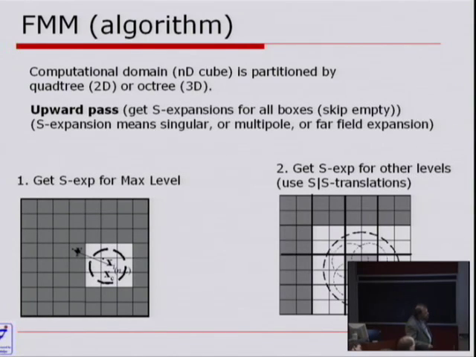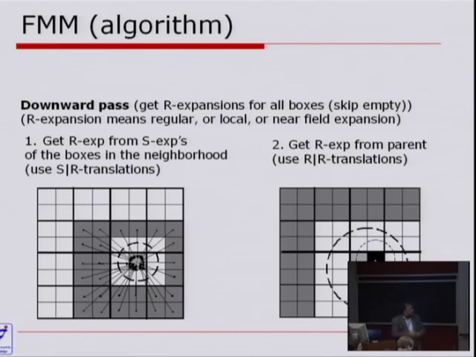The next step is that we go up the octree. Here it is a quadtree, but actually we have 3D, so it is an octree, and we can translate all these expansions to some new center, which is valid for the new far field outside this bigger domain. Then the next step is the downward pass.